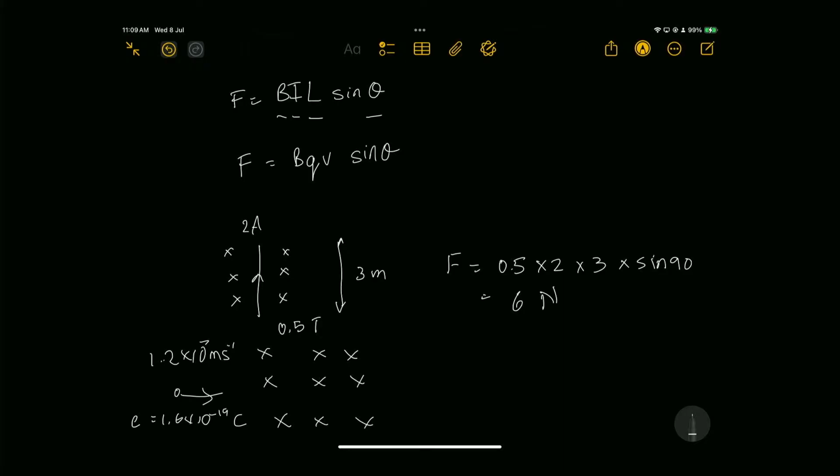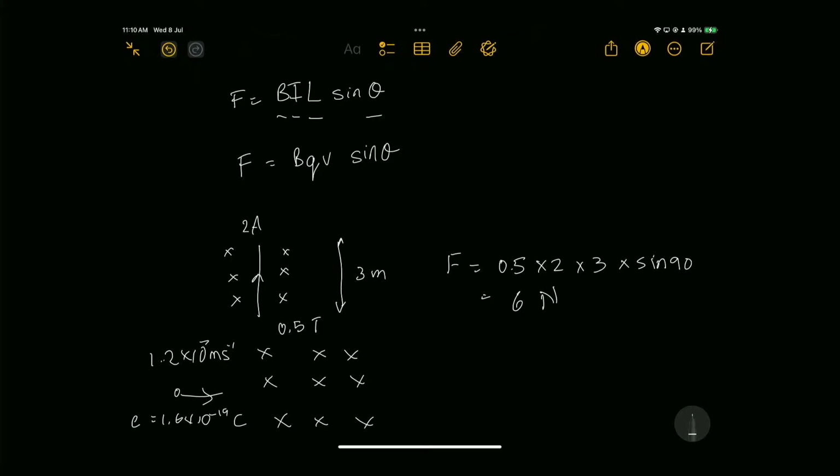No, so for the direction of the current, we have to use conventional current, right? And conventional current moves in the same direction as positively charged particles. But the electron we know is a negatively charged particle, right? So if the electron is moving to the right, the conventional current is moving towards the left. So in this case, we need to point our middle finger towards the left.